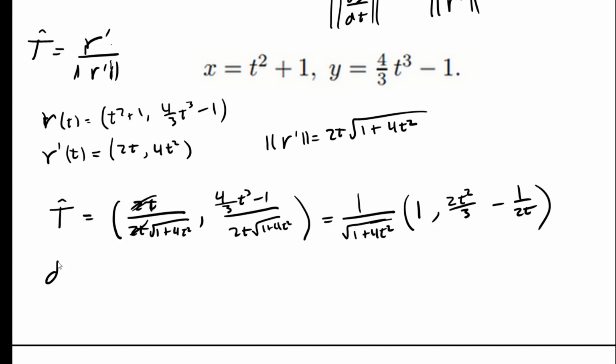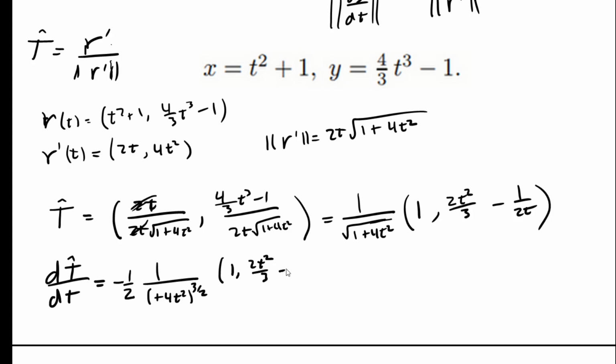Okay, so now when I do the derivative of this with respect to t, I just have to do the product rule. So the derivative of this is going to be negative 1/2 times 1 over 1 plus 4t squared to the 3/2 times this big thing, plus 1 over root 1 plus 4t squared times the derivative of this.